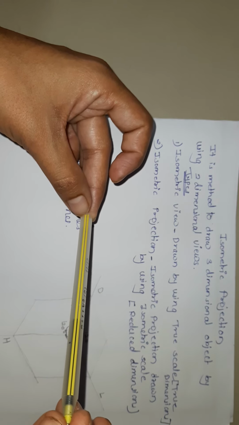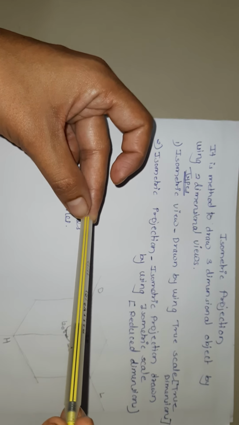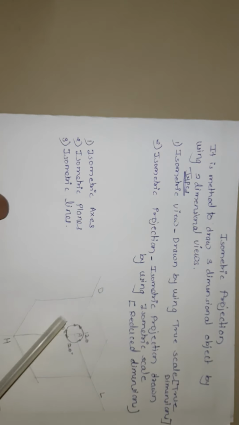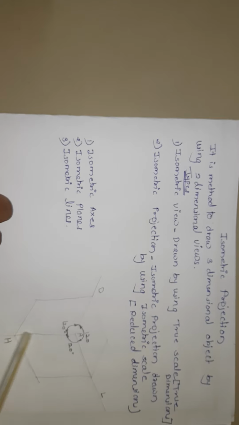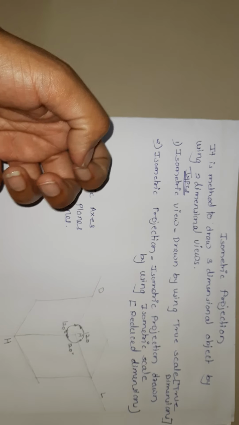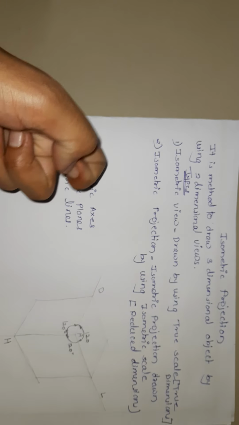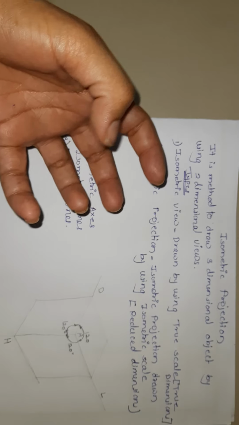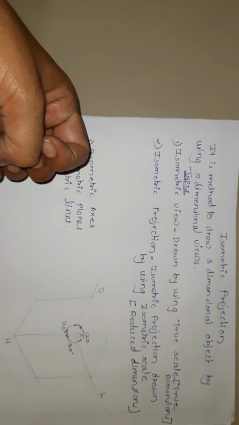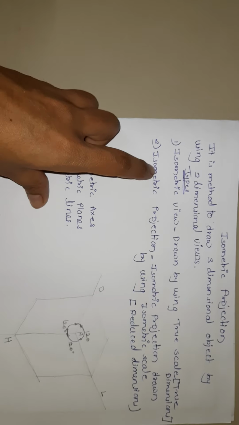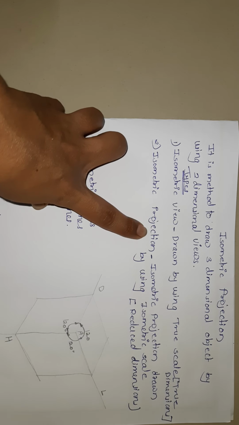It appears smaller, because it is inclined to your eyesight. Likewise, if this object is inclined to your eyesight, then these lines or edges are also inclined to your eyesight, so you can't see its true dimension. It appears smaller, its dimension reduces, right? If I draw the isometric projection by using this reduced dimension, then that drawing is called an isometric projection.